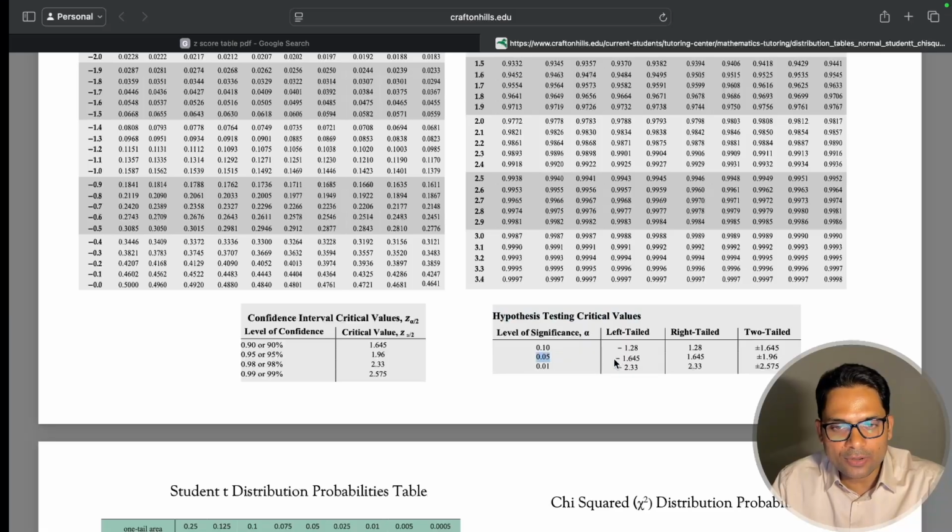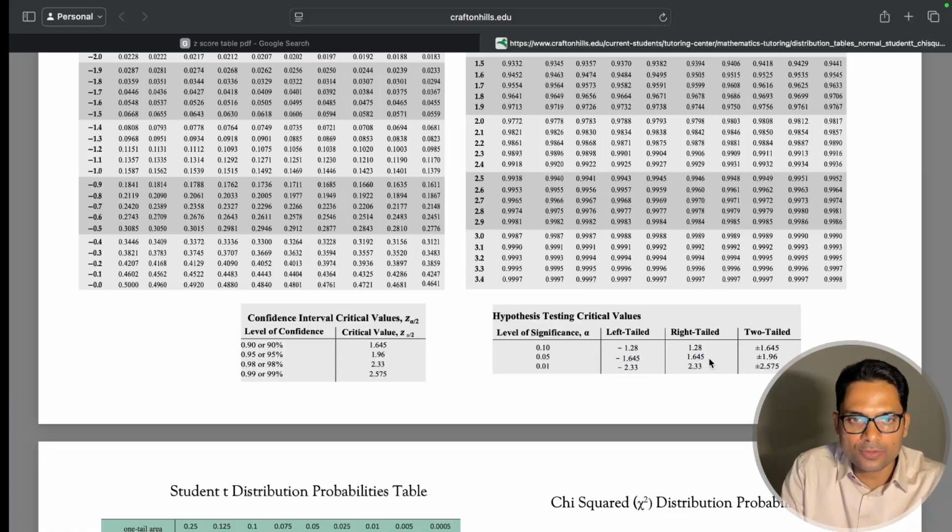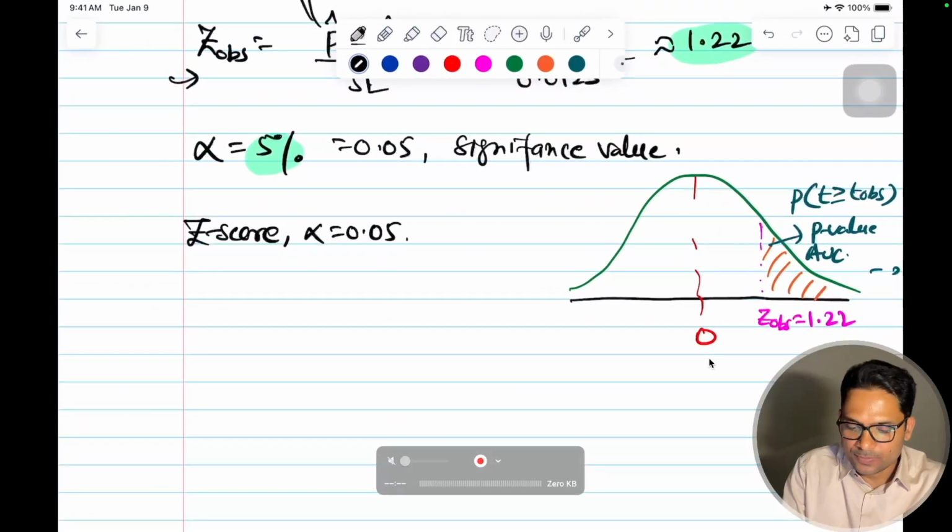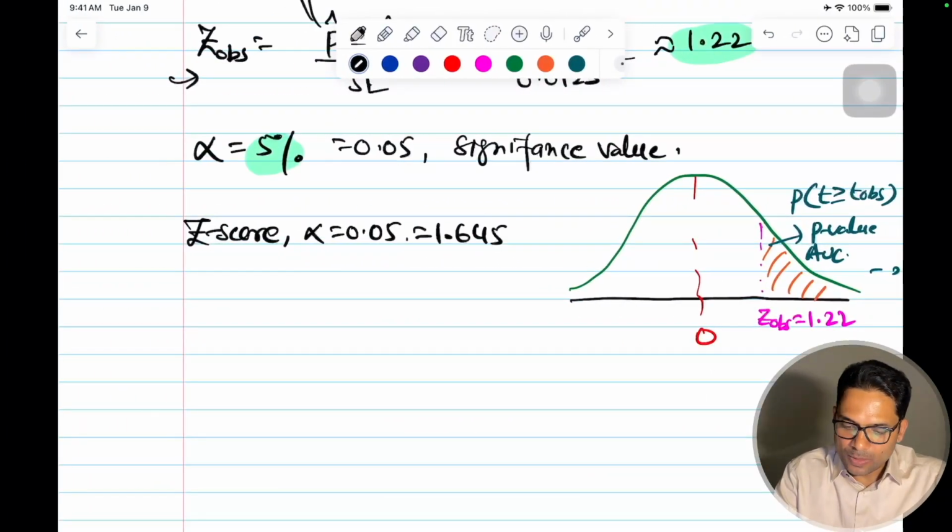For a left-tailed test it is minus 1.645, and for the right-tailed test, because it is greater, it is 1.645. So this is definitely greater than 1.22. Okay, just a minute.